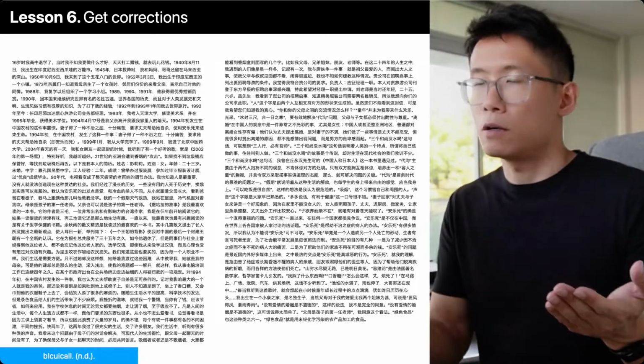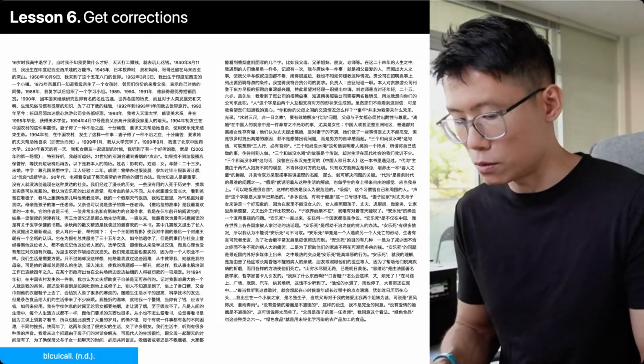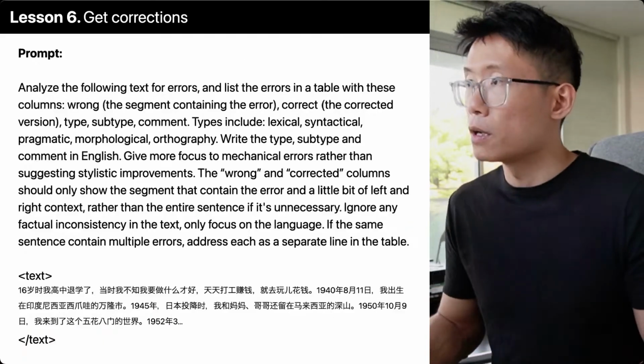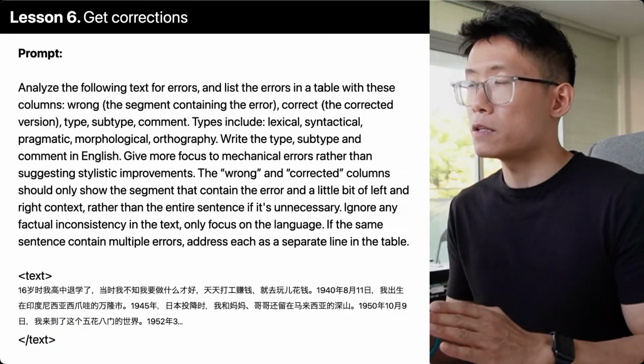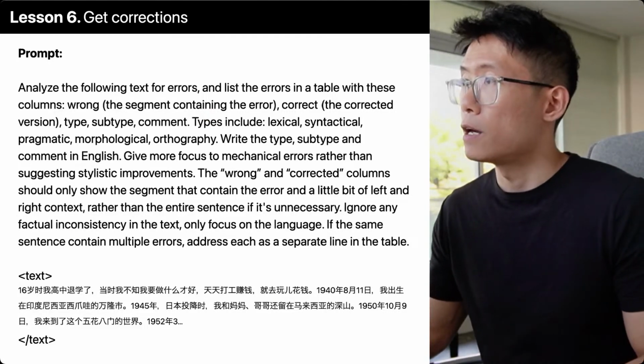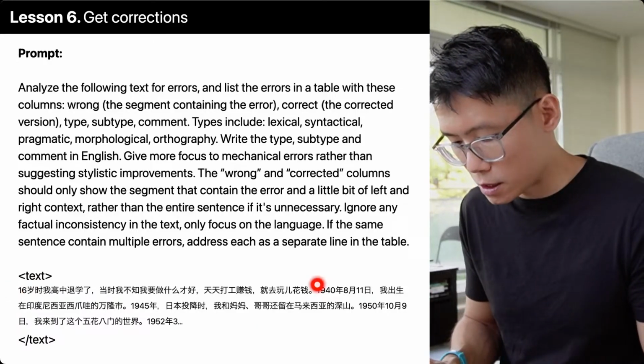But for you, you will use the text that you have written. In this video, I'll use the text in this corpus, but for you, use the text that you have written. Then you copy and paste this prompt into the AI chat box, and then paste all the text that you have written between the text tags, right?